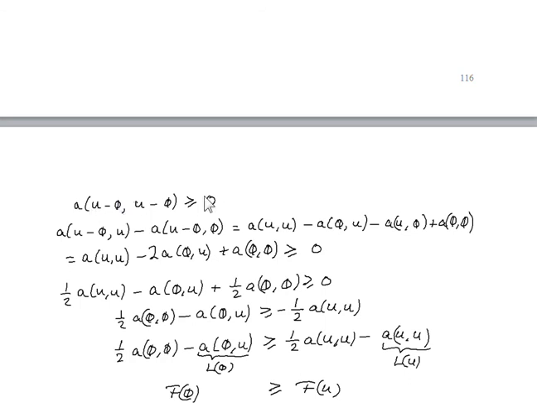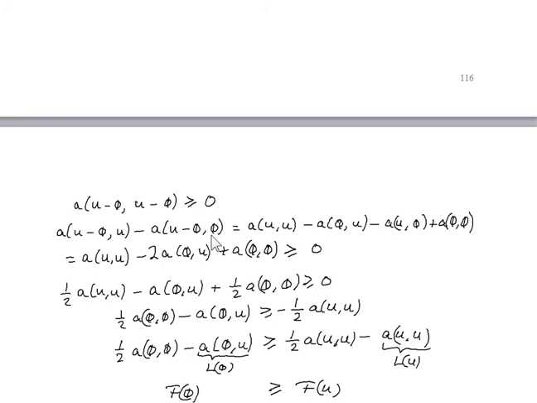So then we know that this is always larger than or equal to 0. Now we utilize the property that this bilinear form is in fact linear in the second argument. So then we obtain this. This is just the linearity in the second variable.